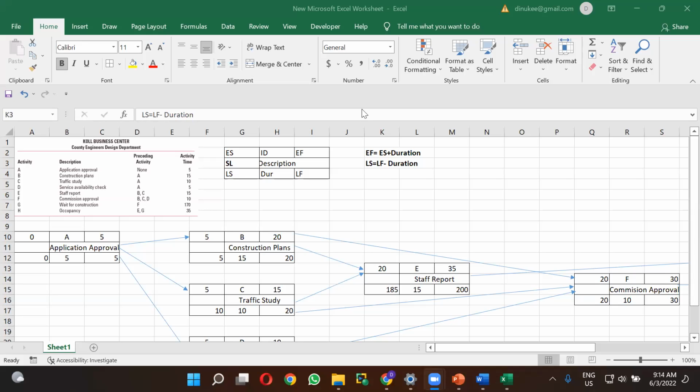I know you are answering me correctly. Very good. You have to choose the lowest value. So those are the rules that you have to remember when you are calculating forward pass or backward pass. I'm sure that you have really understood this, and now we will calculate the slack time.